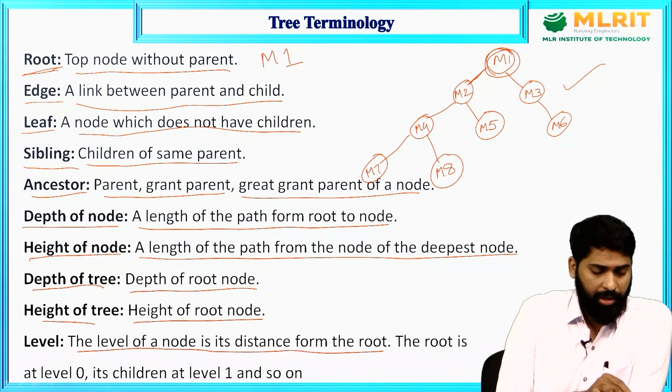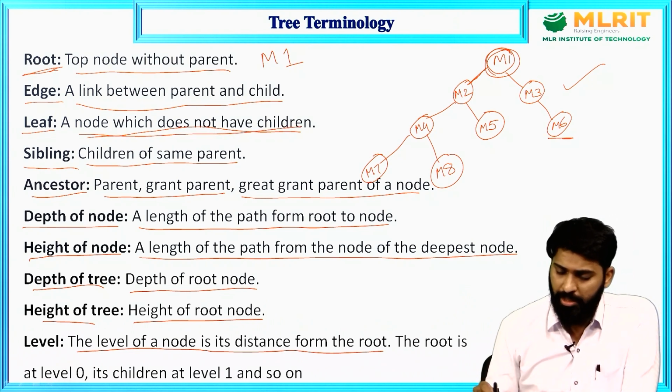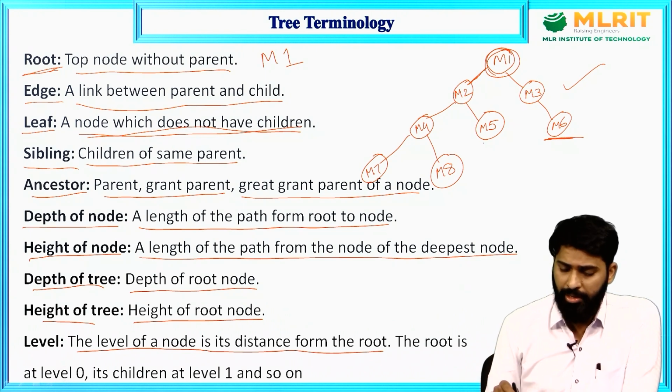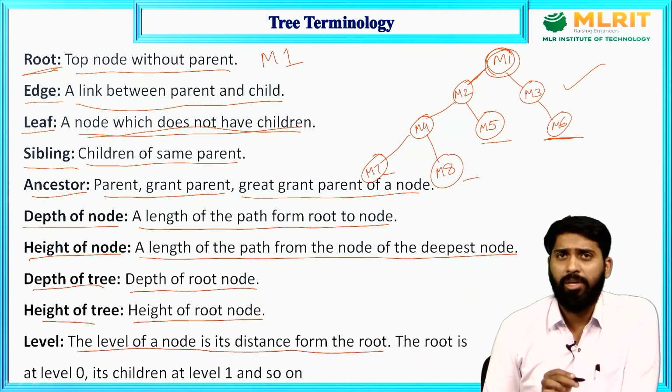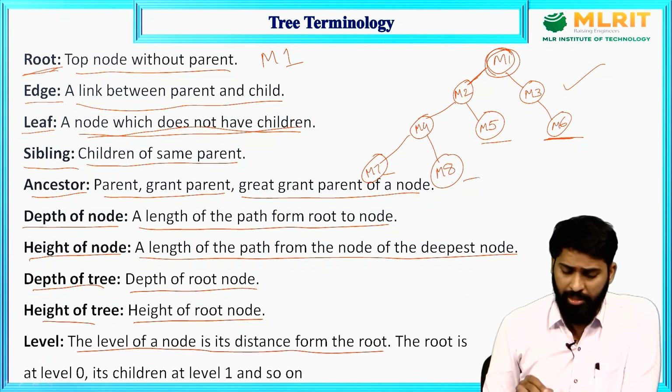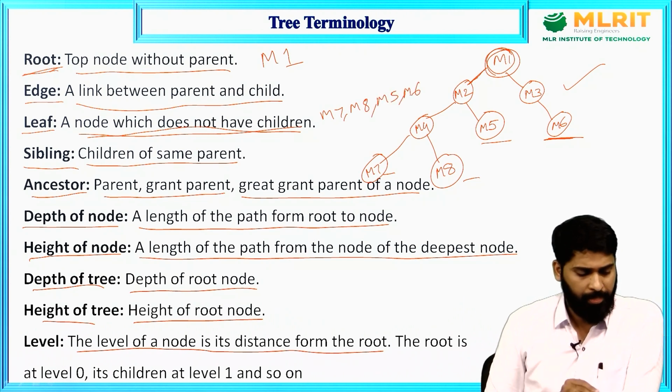Leaf. A node which does not have children. If you observe, M6 does not have any children. M5 does not have any children. M7 does not have any children. M8 also does not have any children. So for this tree, the leaf nodes are M7, M8, M5 and M6. Sibling.